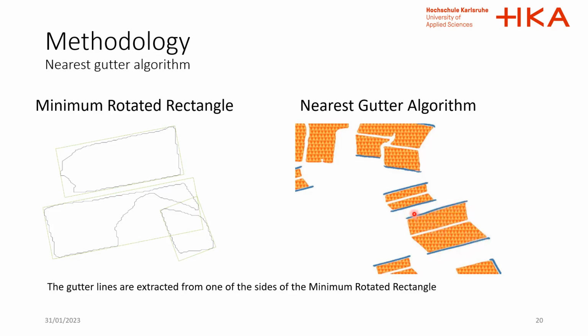So this is the gutter, this is the gutter. This segment has this line, so this line will be the outer line of this house. It will be considered one of the factors for determining our orientation.